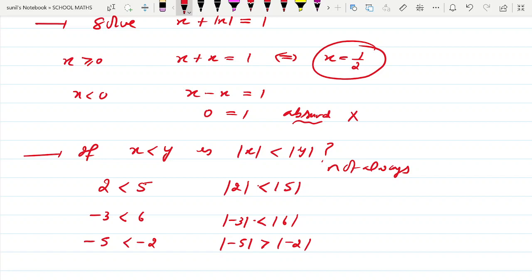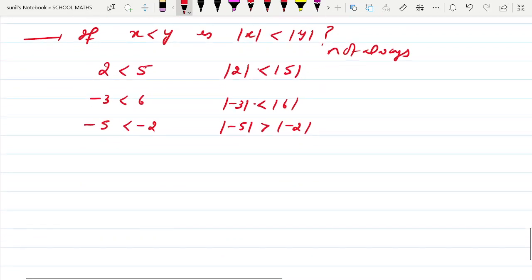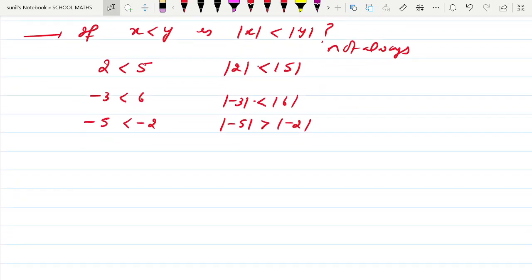Okay, so now again I'm just redefining the mod. In junior classes, you must have been finding the square root. Root 4, you write this way, prime factorization, or either you write this as square root of 2 square. We are writing 2.